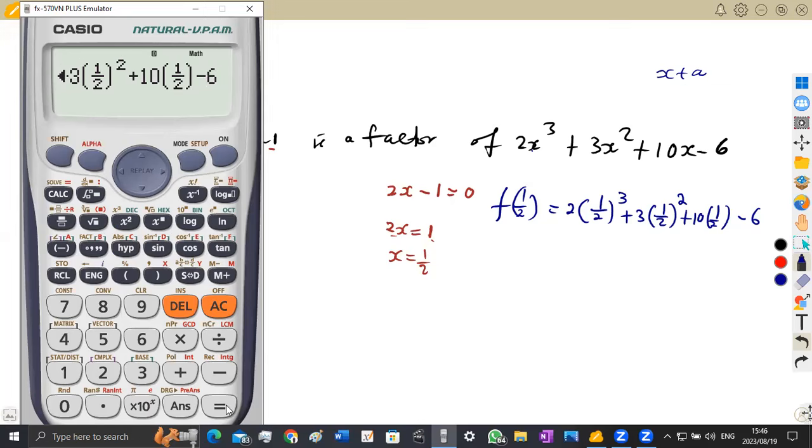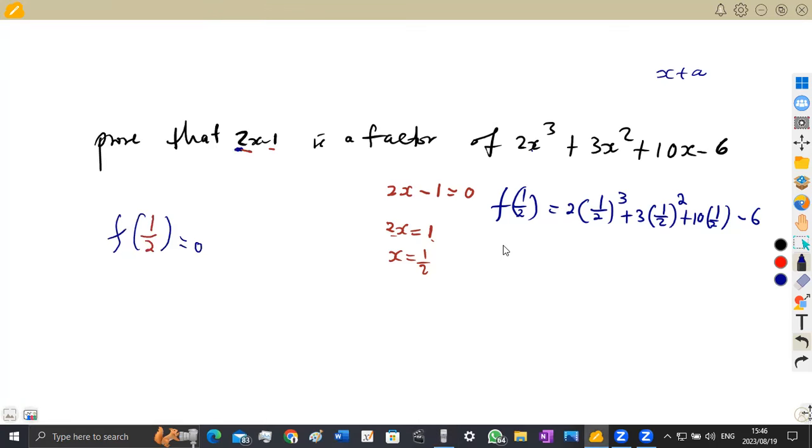All right, at the end, f of half gives us zero, which means 2x minus 1 is a factor.